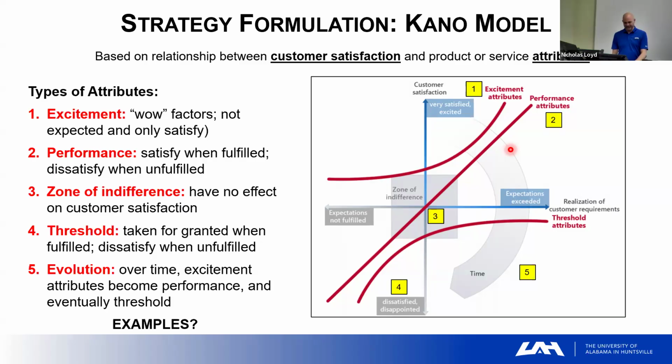The threshold is now the bare minimum that you offer to be in the market. And what happens over time is excitement features become threshold features. So what once set us apart eventually becomes the same when everybody has it.